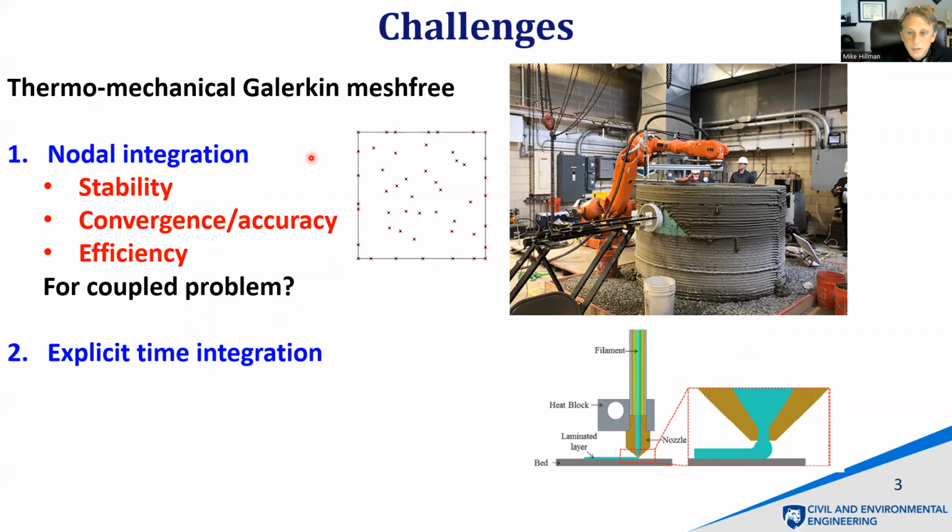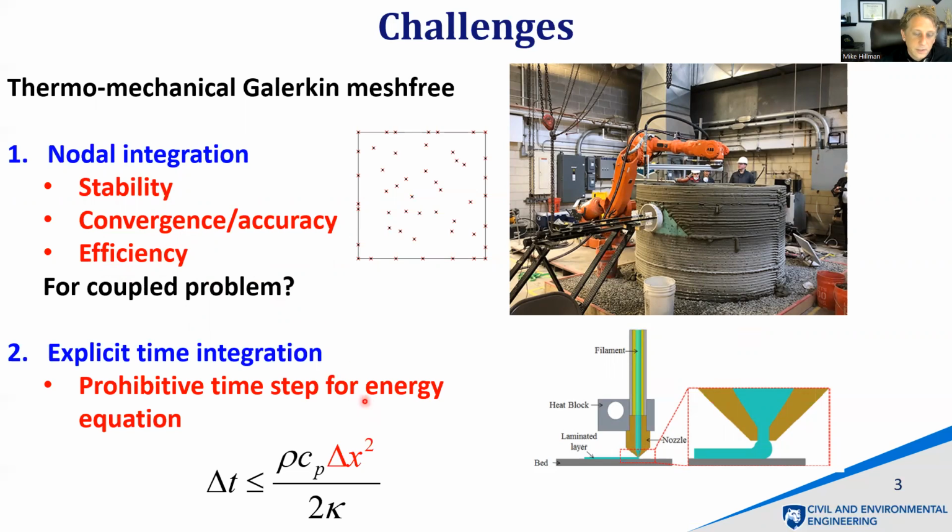Okay, the other thing that we're dealing with is explicit time integration. As you might know, if you're solving the energy equation or heat equation, more generally the energy equation, then you'll have to deal with this explicit time step restriction.